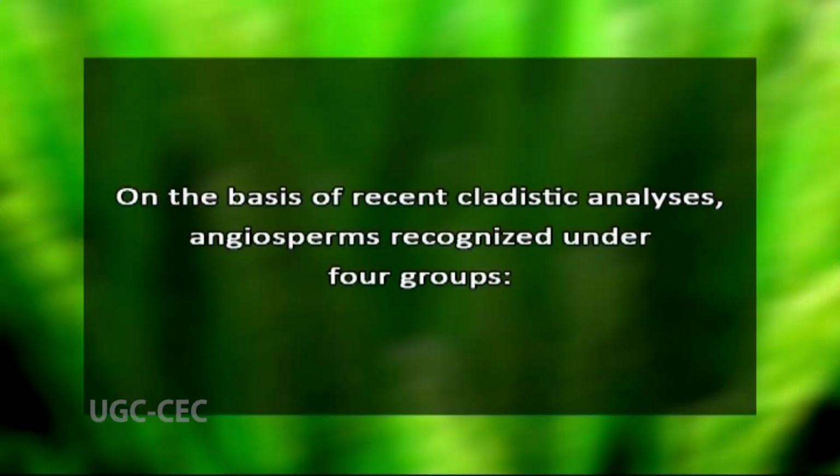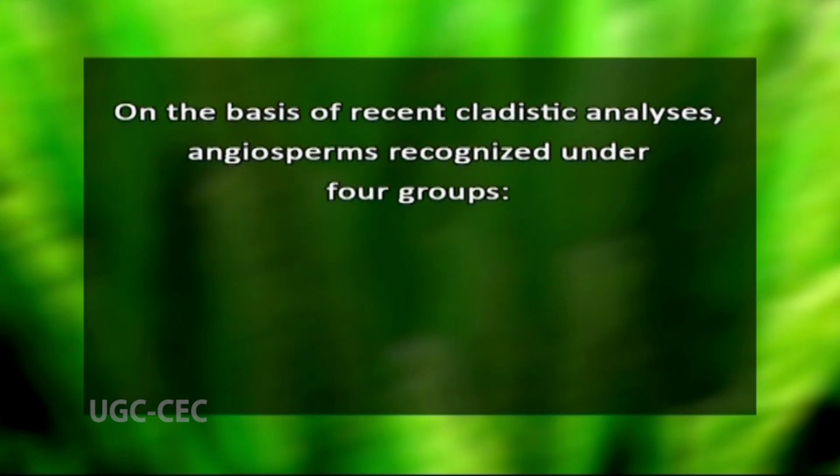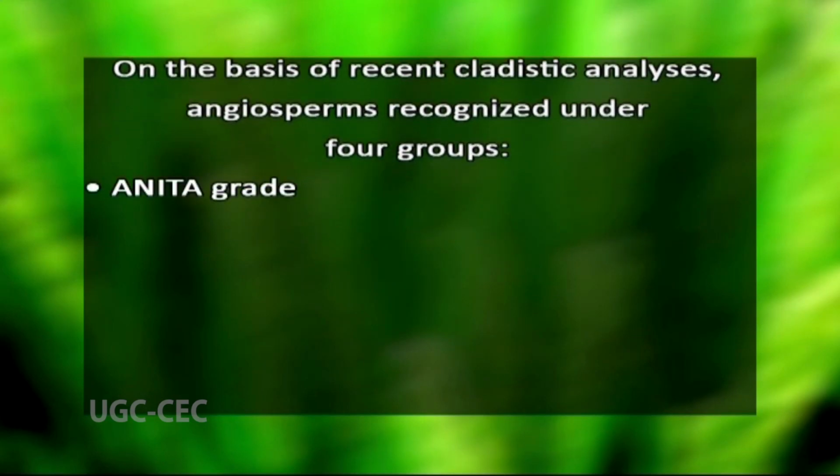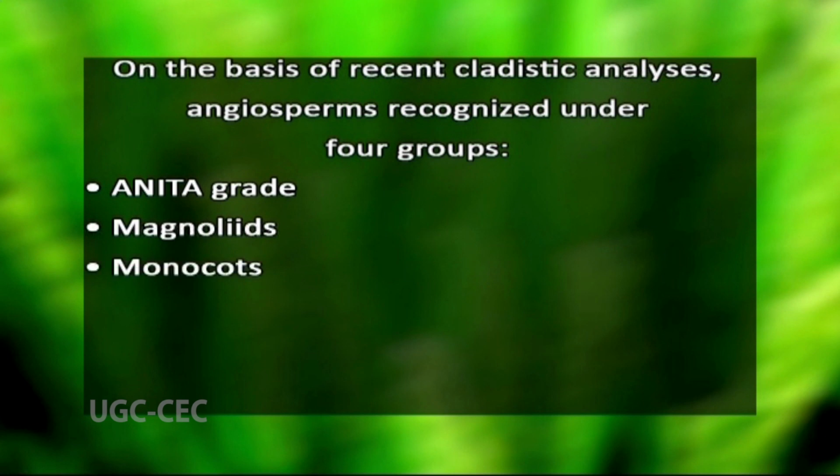On the basis of recent cladistic analysis, the angiosperms are now recognized under four groups, not the erstwhile two groups of monocotyledons and dicotyledons. The first group is called the ANITA grade. Second is magnoliids. Third is monocots, and the fourth is eudicots. Let us discuss these one by one.